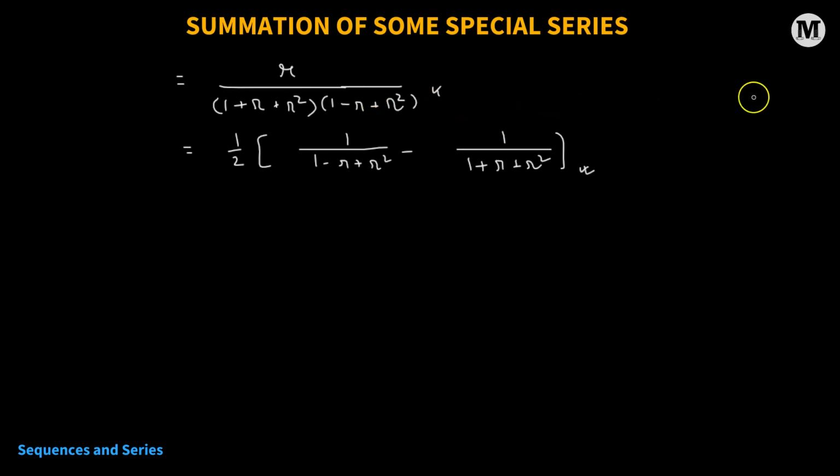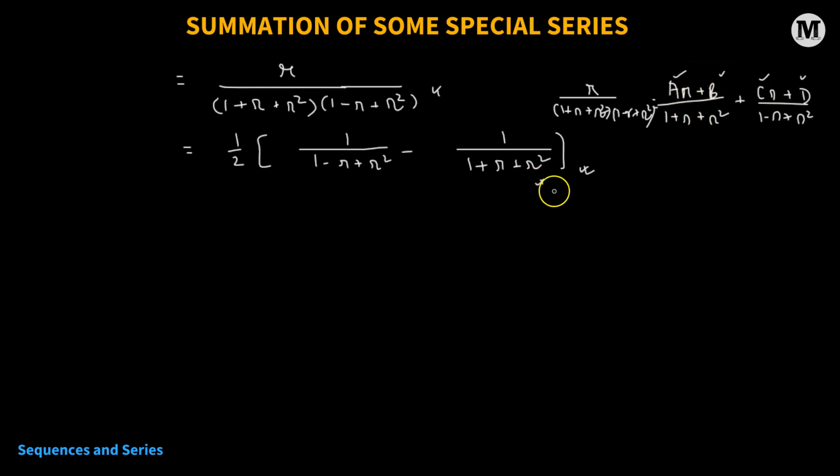We can rewrite this fraction as (ar plus b) divided by (1 plus r squared) added to (cr plus d) divided by (1 minus r plus r squared). All we have done is decompose r divided by (1 plus r squared) multiplied by (1 minus r plus r squared) into the two partial fractions. If we solve for the values of a, b, c, and d, we're going to get exactly this particular result.